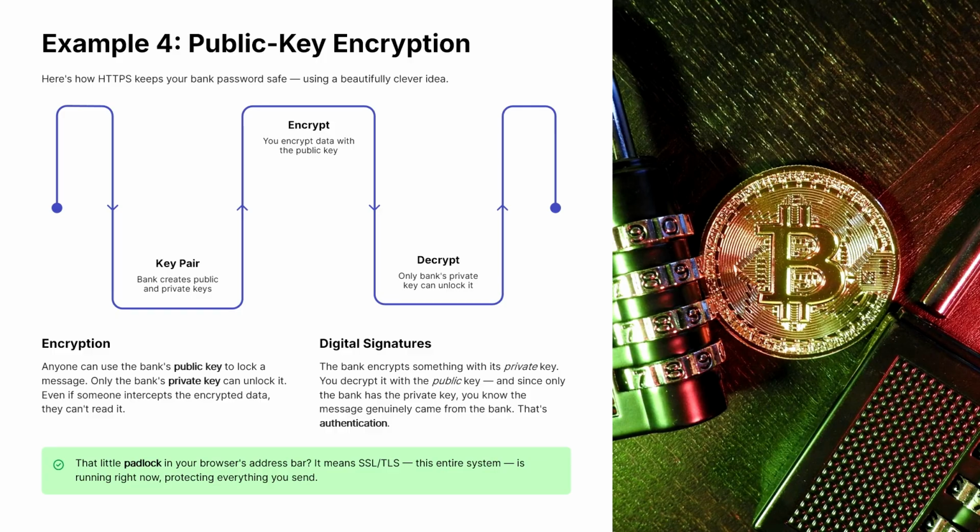And since only the bank has the private key, you know the message genuinely came from the bank. That's authentication. HTTPS uses this system through a protocol called SSL/TLS. That little padlock in your browser, it means all of this is happening right now.